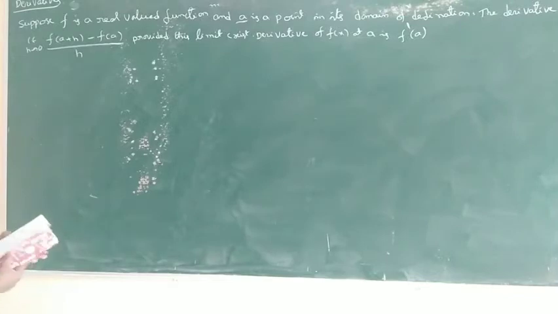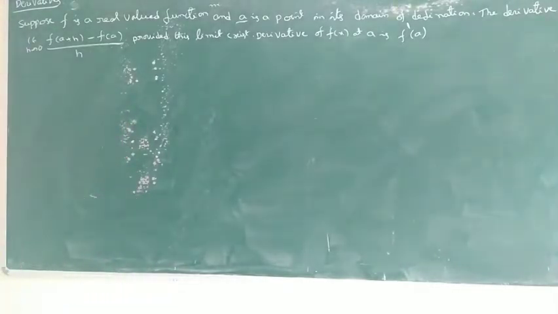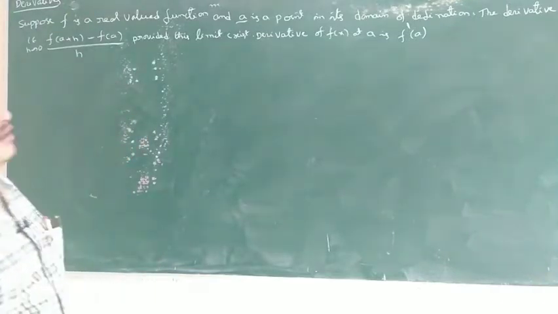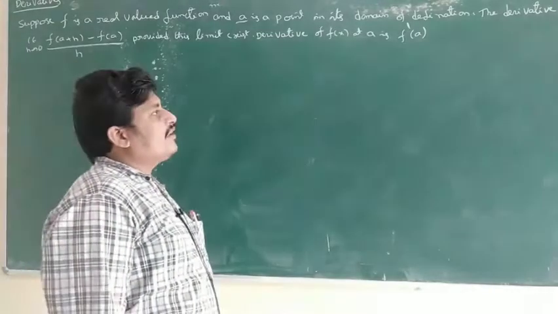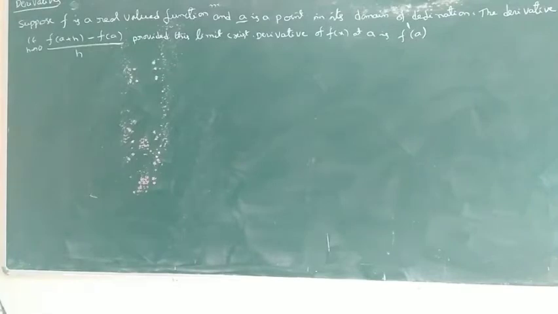Okay, what is the derivative definition? Suppose f is a real valued function, and a is a point in its domain of definition. Next, the derivative of f at a is defined as the limit as h tends to 0 of f of a plus h minus f of a, by h, provided this limit exists.